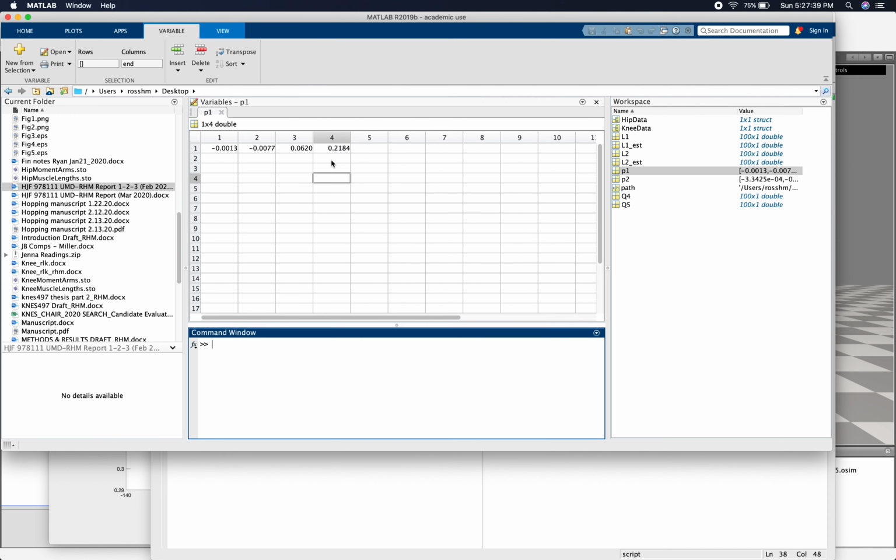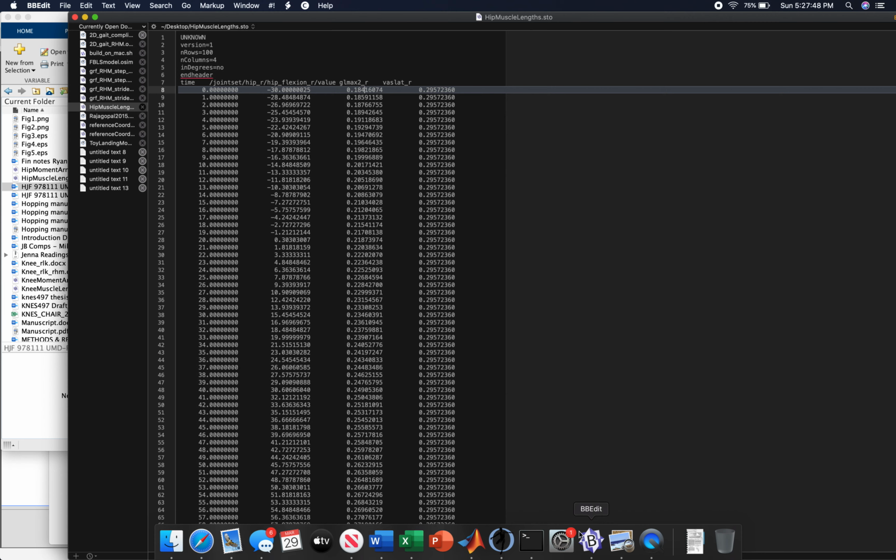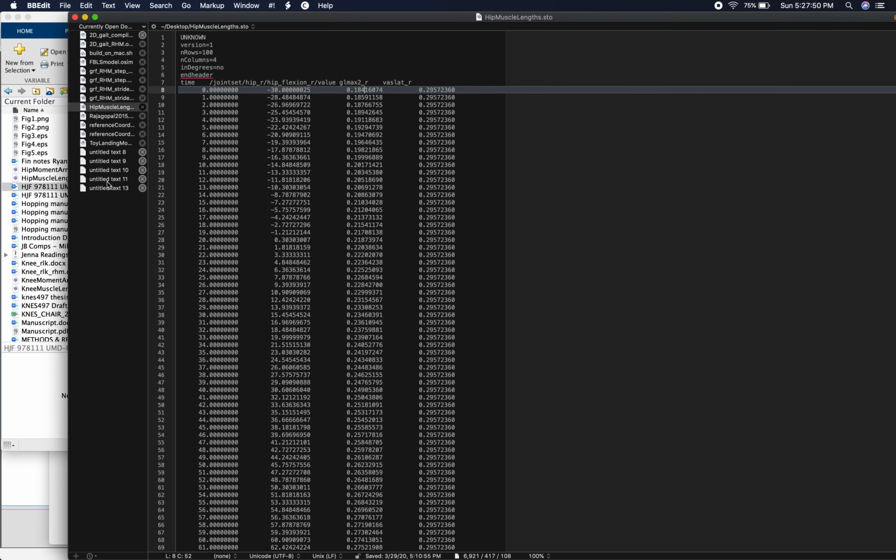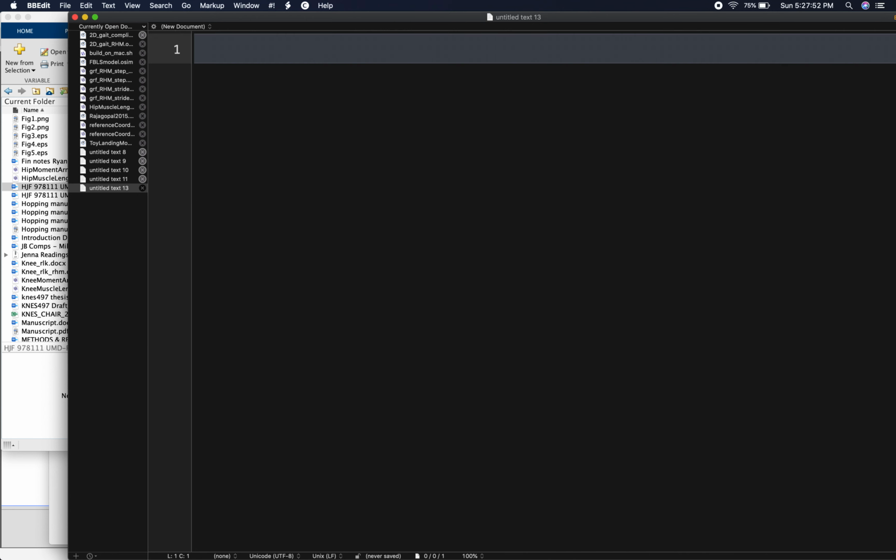These are the polynomial coefficients that I would use to define my actual expression for the gluteus length as a function of the hip joint angle. And so that expression would look something like this. My gluteus length would be the last term in that vector of p-values. Sorry, that's p1.